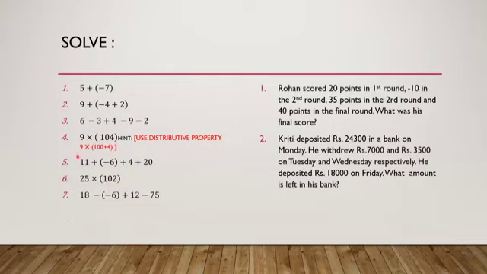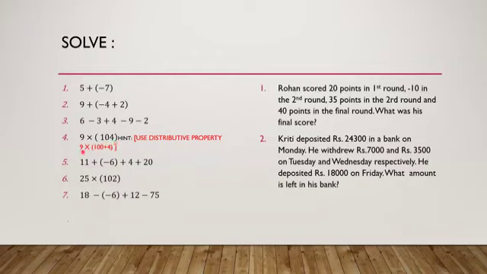I would like to discuss question number 4 because it's a little different. Now you have 9 into 104. I've given you a hint here that you have to use distributive property in solving this kind of sum. So you have a multiplication sign here and you have 104. You can break the number into 100 plus 4.